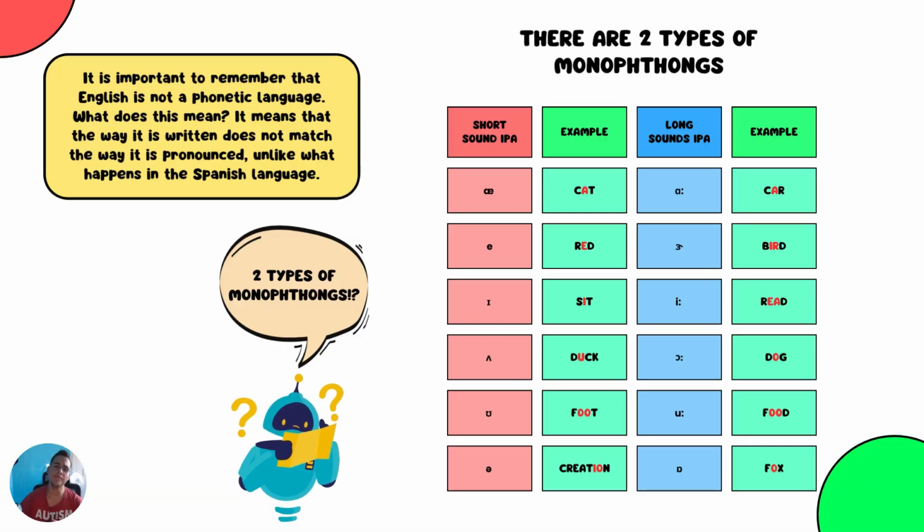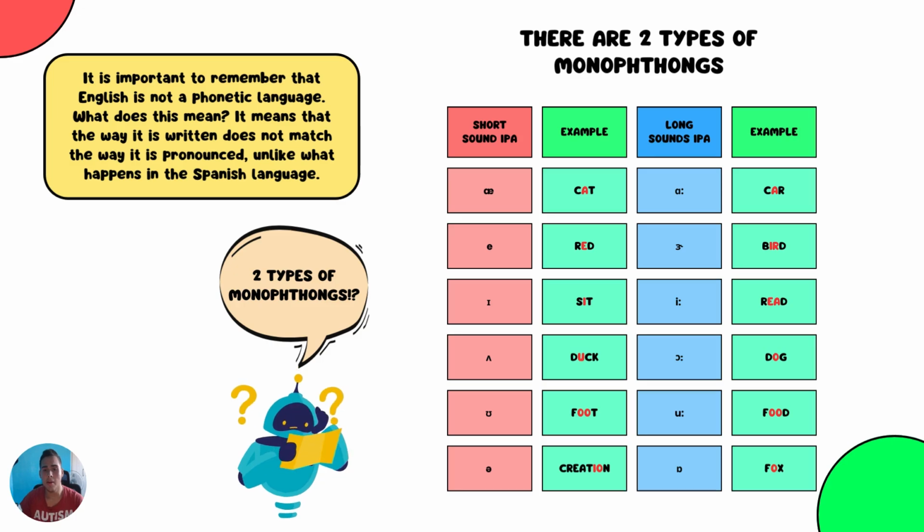Okay, we need to remember that English is not a phonetic language. What does that even mean? It means how you see a word written is not how you are going to pronounce it. For example, this is very tricky.